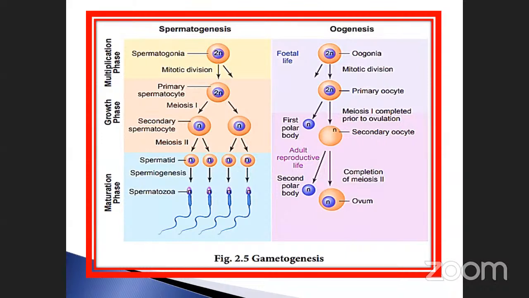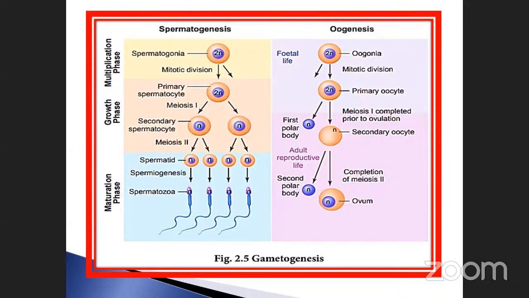These are the three phases that occur during spermatogenesis, but not in oogenesis, isn't it? And then the primary spermatocytes undergo meiosis 1, forming secondary spermatocytes, and meiosis 2 further undergoes cell division. Finally, we will get the spermatid, non-motile spermatid.